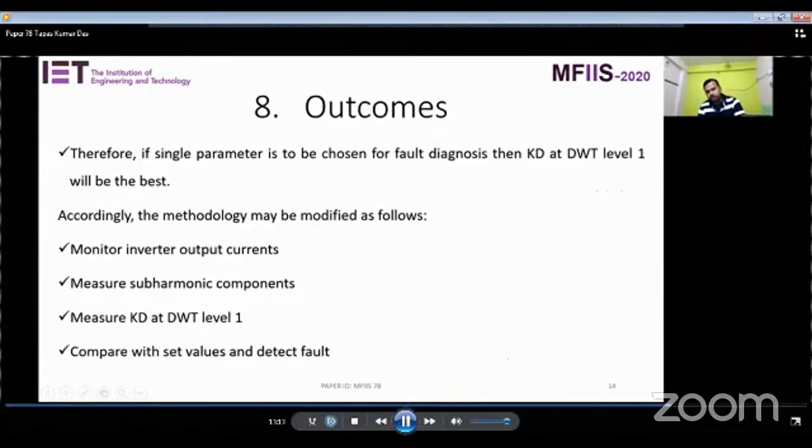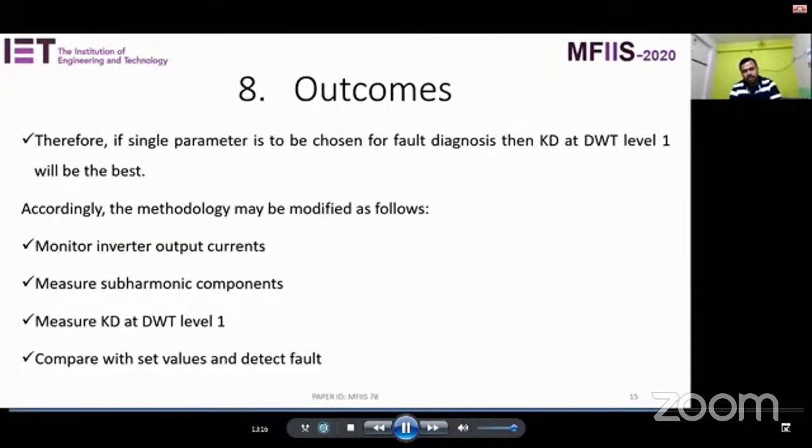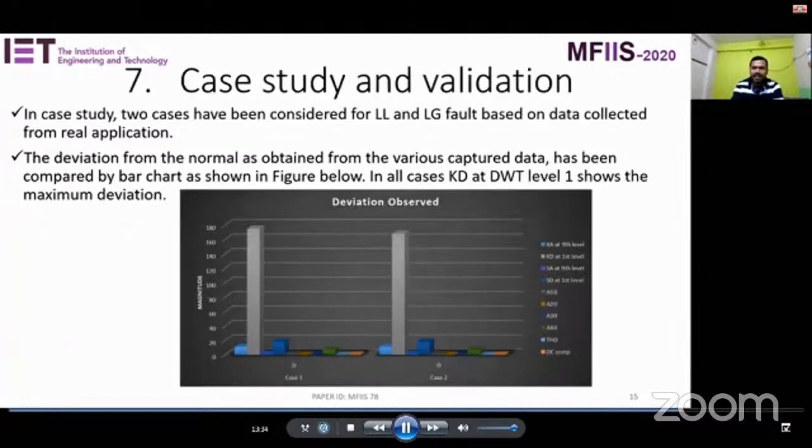Now the outcome of this whole work we can express as follows: if a single parameter is to be chosen for fault diagnosis, then KD at DWT level 1 will be the best.